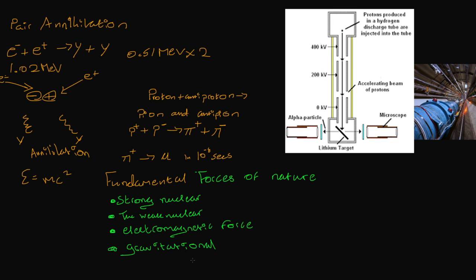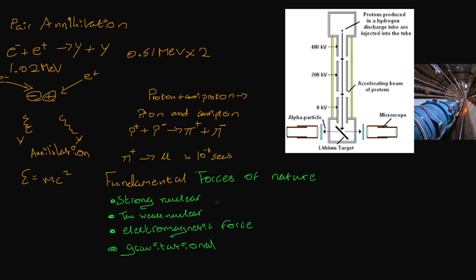So the weak nuclear force is 10 to the minus 2 times weaker than the strong nuclear force, and the electromagnetic force is 10 to the minus 13 weaker than the weak nuclear. Okay, so I'm going to write that in.